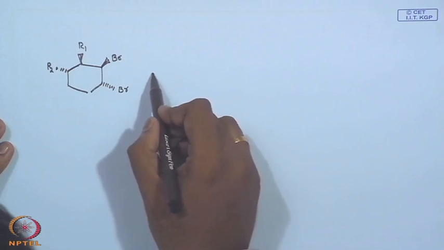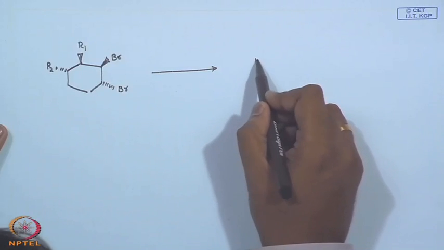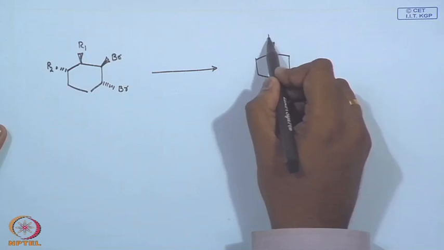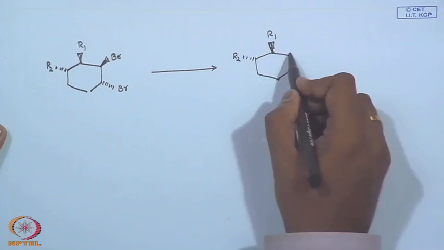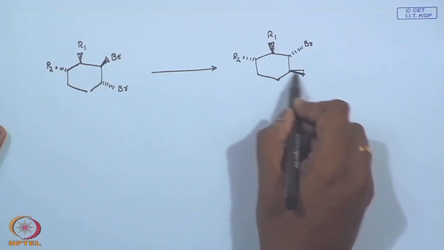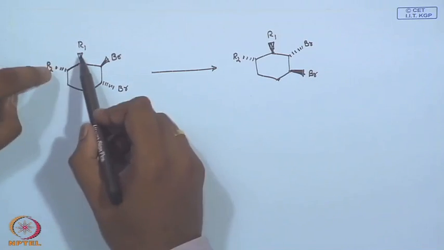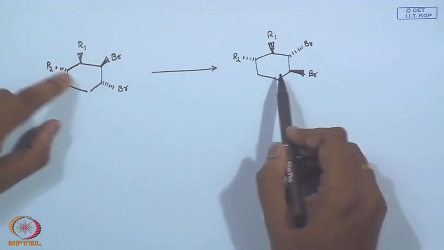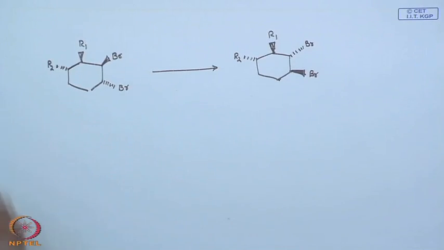If you take this and do the reaction, I get this product, very interesting. Now if you see my bromines, they are completely interchanged. I have kept R1 and R2 fixed, and you see the stereochemistry of this: the bromine has been completely interchanged.